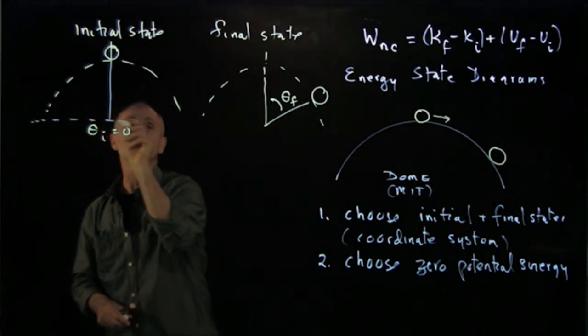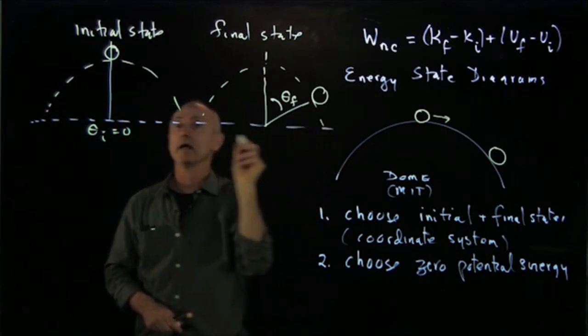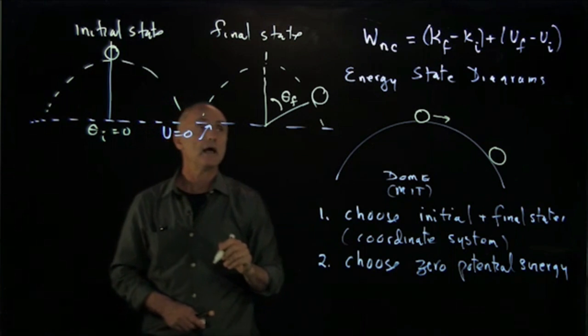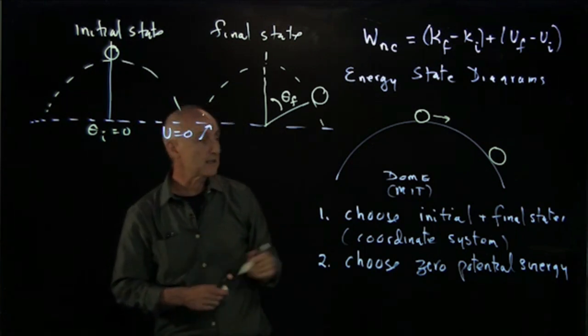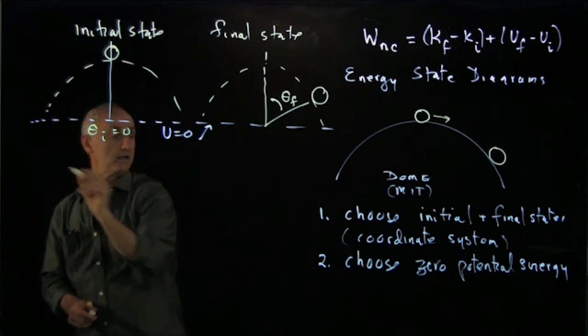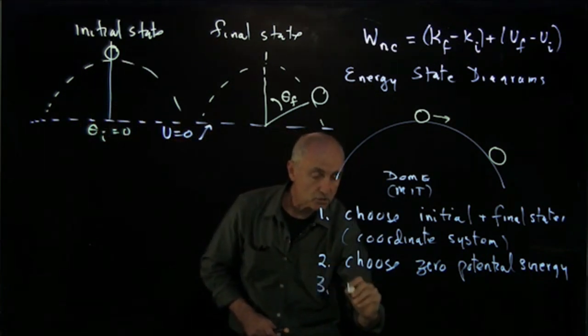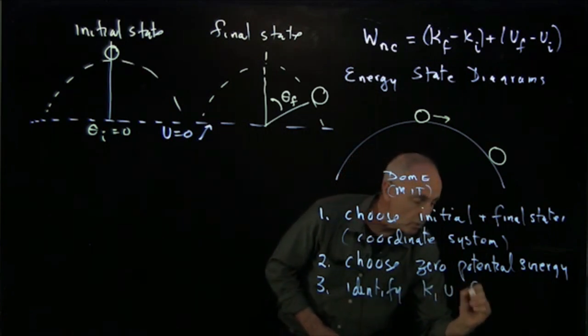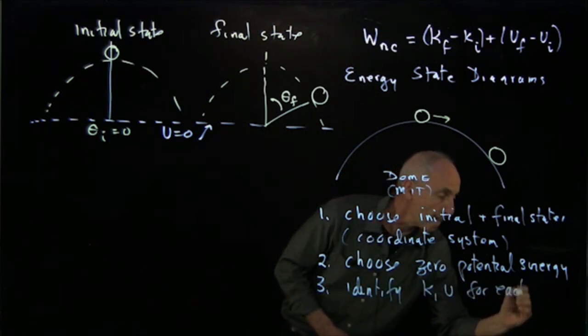So I'm going to choose it right here, and I'll denote this as U equals 0. And now step 3 is to identify the K and U for each state.